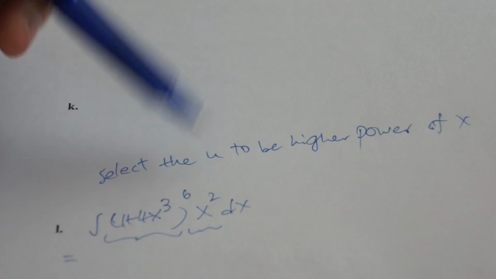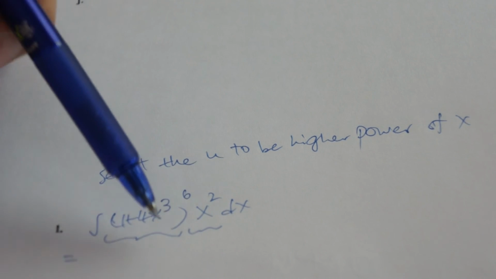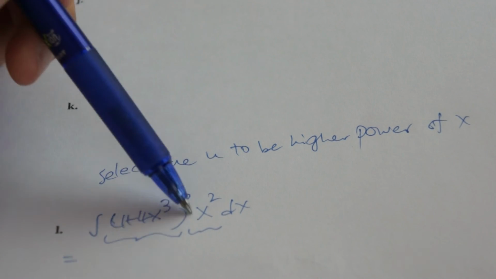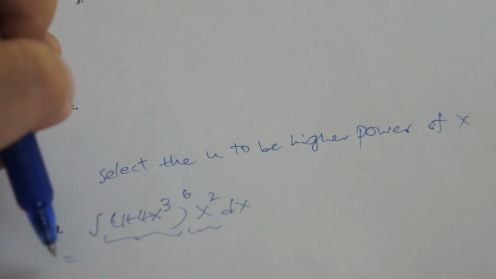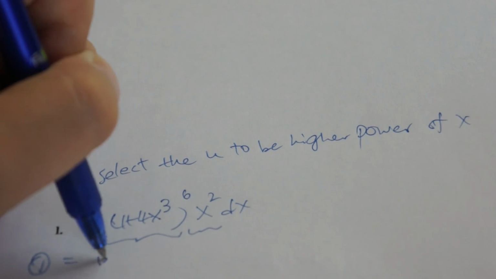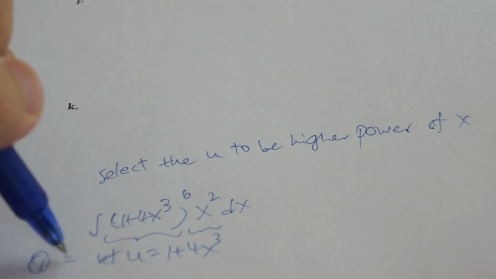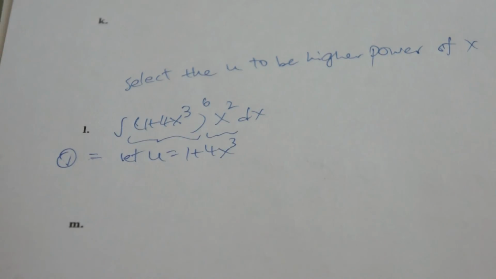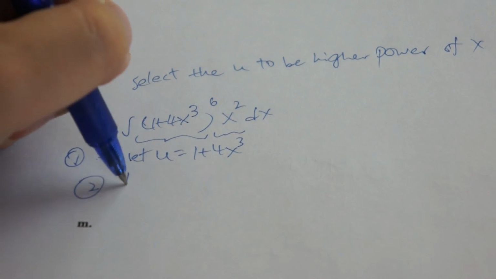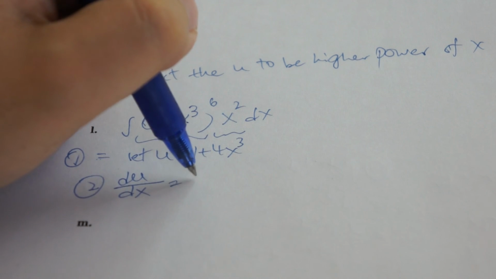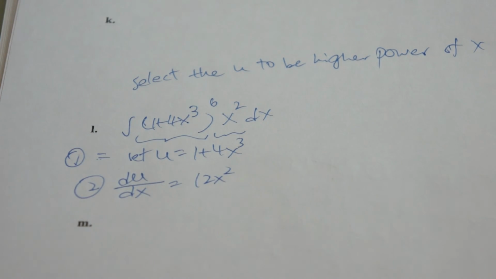Ignoring the bracket to the power of 6, we are just considering inside the bracket: this is power of 3, and this is power of 2, so this is the higher function. Therefore step 1 is that we let u be 1 plus 4x to the power of 3. For the second part, du over dx equals 12x squared, right?